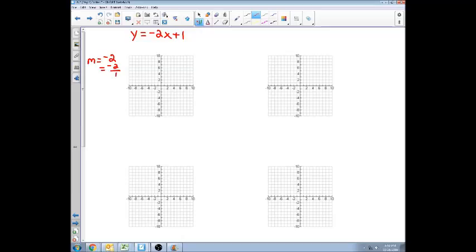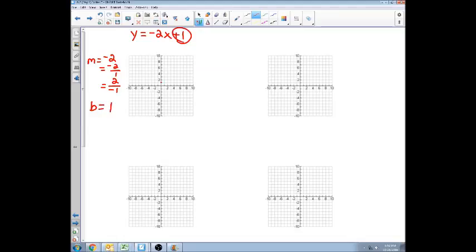Now, we've only looked at rewriting the slope again with positive numbers. If I have a negative slope, what I can do is make the numerator positive and the denominator negative, and it does the exact same thing. So negative 2 over 1 and 2 over negative 1 are exactly the same thing. What is my y-intercept, or my b? It's going to be positive 1.